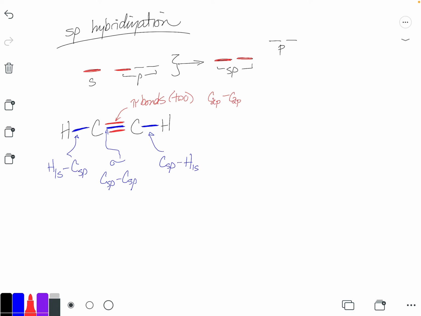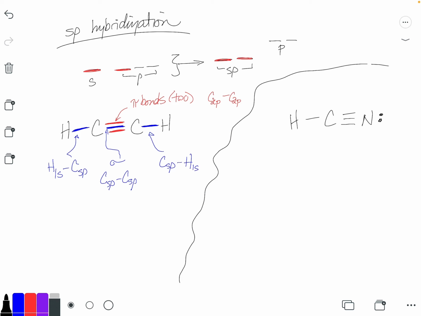Same kind of thing would be true if we talked about something like, let's say, hydrogen cyanide, which looks like that. Okay, so I'll put this over in a little side thought bubble over here. So we know hydrogen, that's the easy one, right? Only 1s, that's all it's got. Now the central carbon, and in fact the nitrogen, how many groups of electrons do I have?